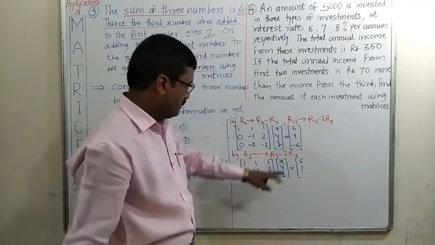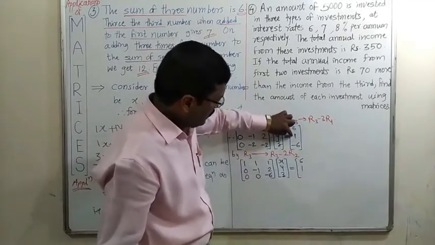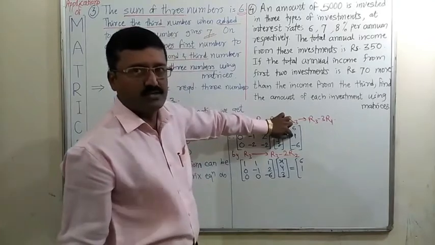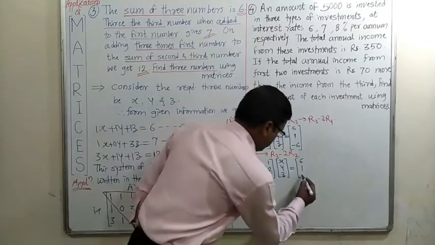In the last element, minus 6 minus 2 times 2, we get minus 8.